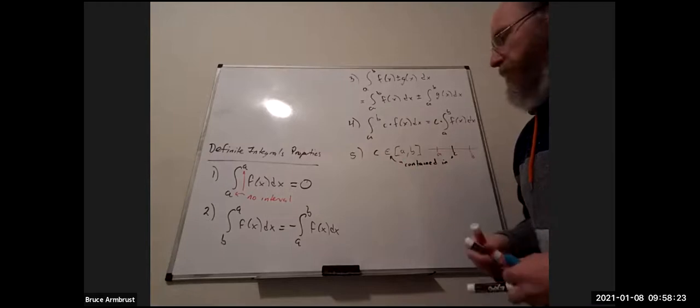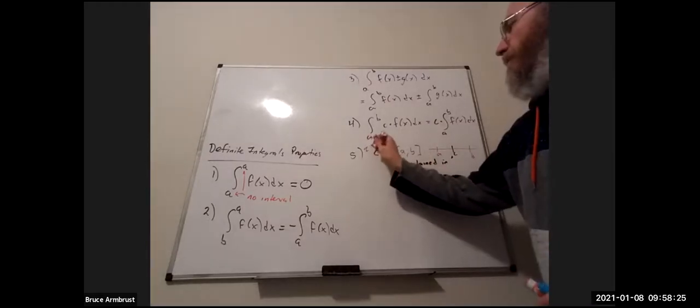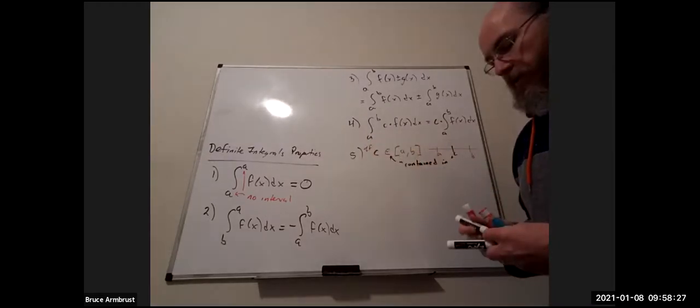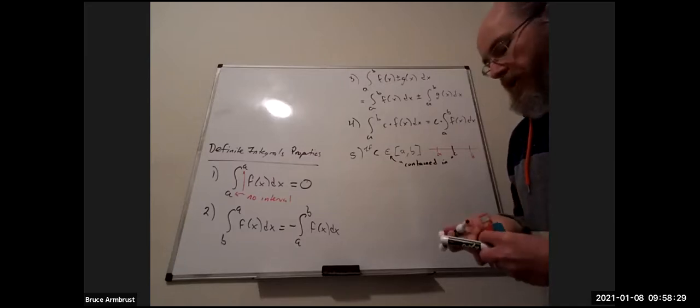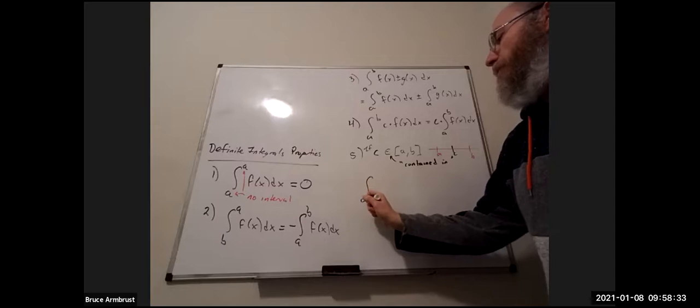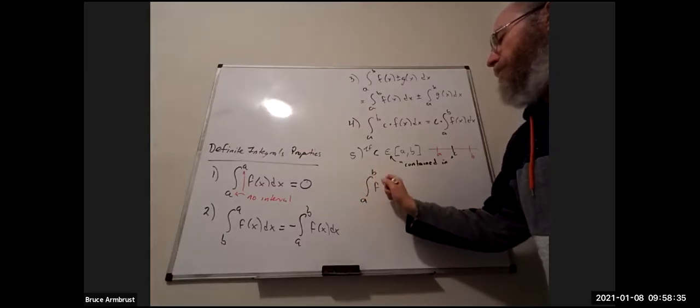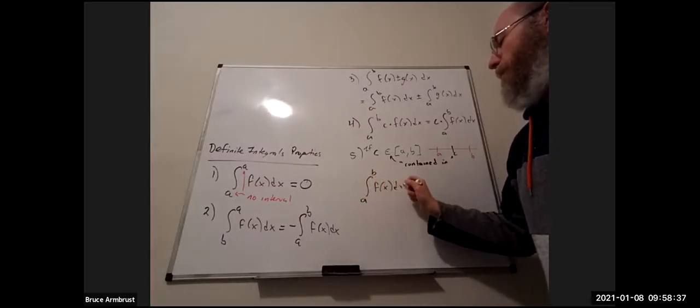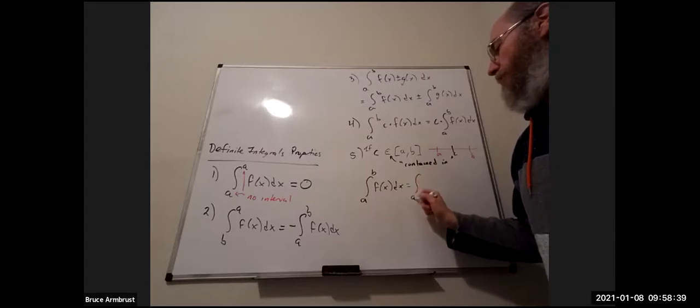All right, so if C is in the interval, then what we can do is if you have an integral from A to B, you can break it up into two intervals.